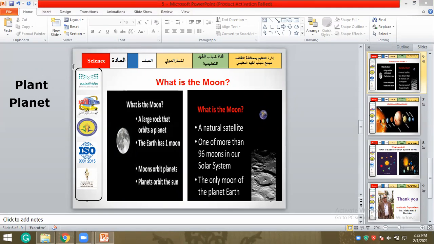So there is a difference. Don't read this as plant. Okay, so we understand that the moon is a rock that orbits a planet. Earth has one moon, the others have more. There are 96 moons in our solar system, but Earth has only one. The moon is a natural satellite.